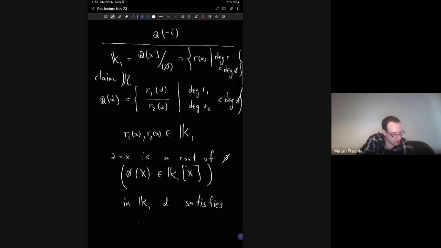Alpha satisfies alpha to the 4 minus 2 equal to 0, because this is simply saying x to the 4 minus 2 equal to 0, and this is exactly phi of lowercase x. And in K1, you do modulo phi. K1 is with addition modulo phi and multiplication modulo phi.